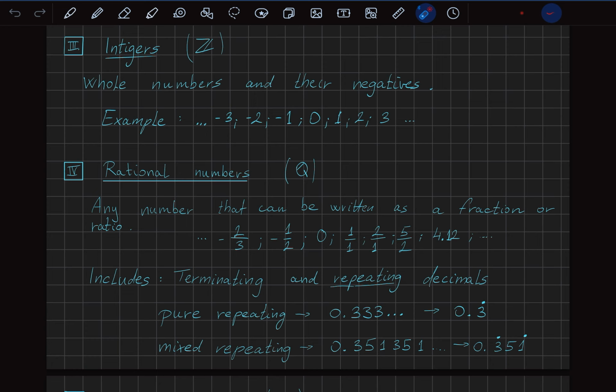Also, we can write it like this, A over B, where A and B belong to Z. In many places you can find it like this. It's the set form, basically. Okay.